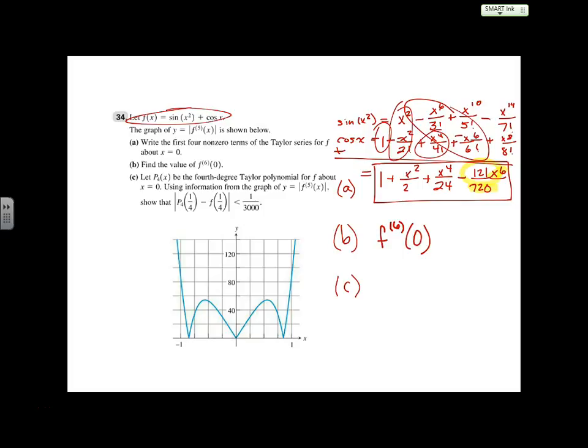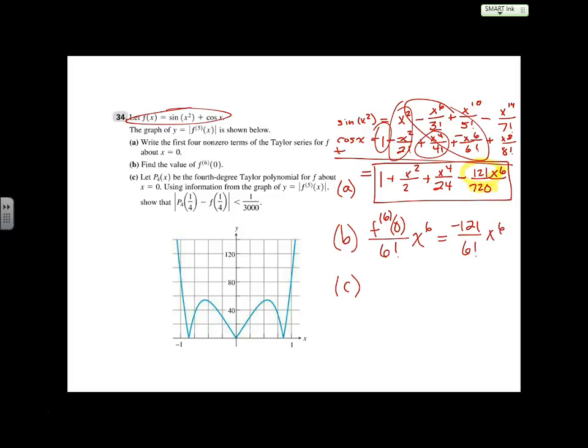The coefficient is negative 121 times x to the 6 over 6 factorial. What is 720? 6 factorial.